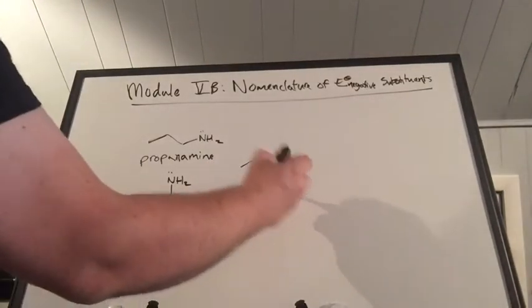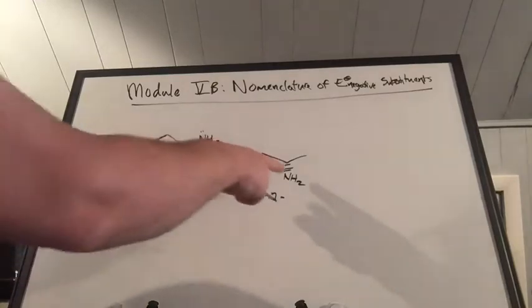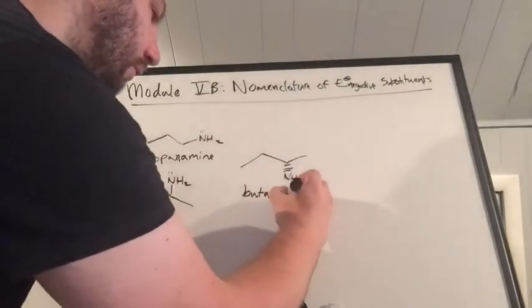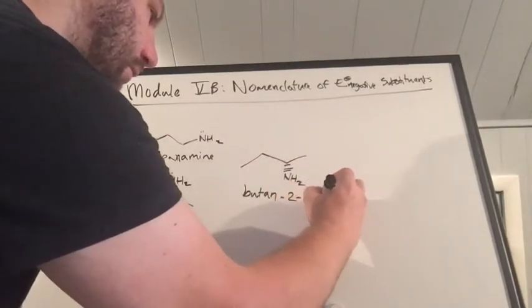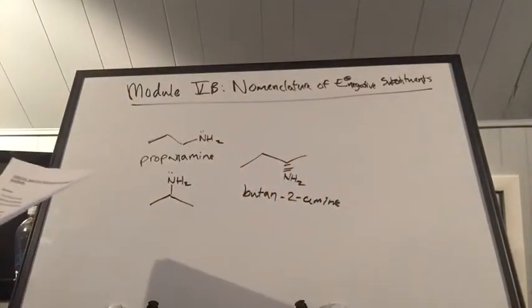Again, we're dealing with a linear alkyl chain that's saturated as the main chain. And then 2-amine, going to be at the lowest locator number, which is 2.